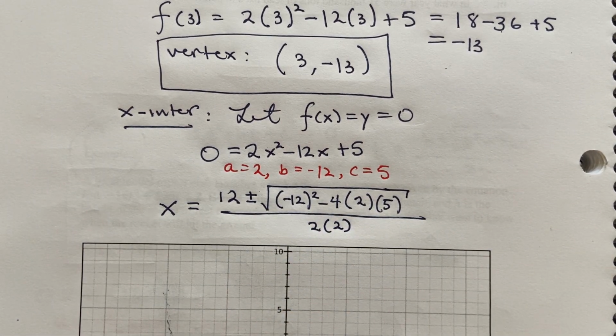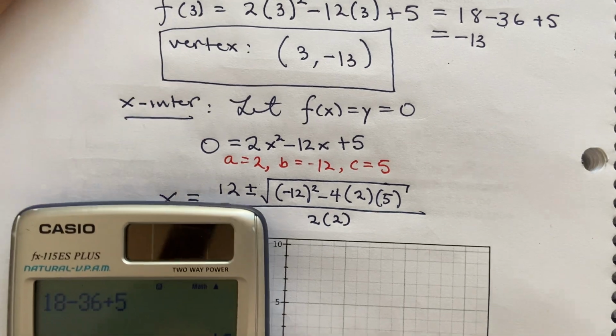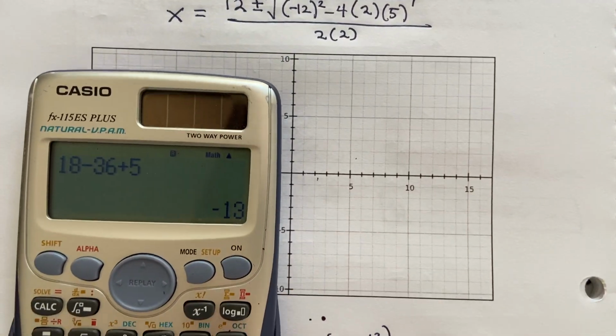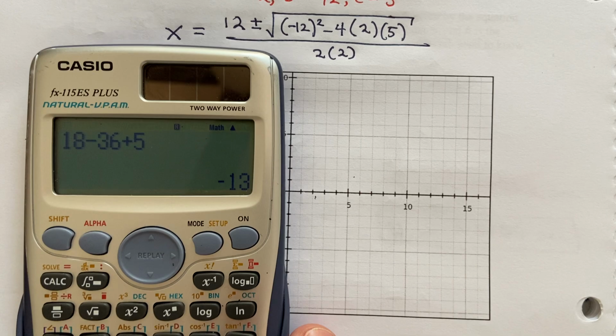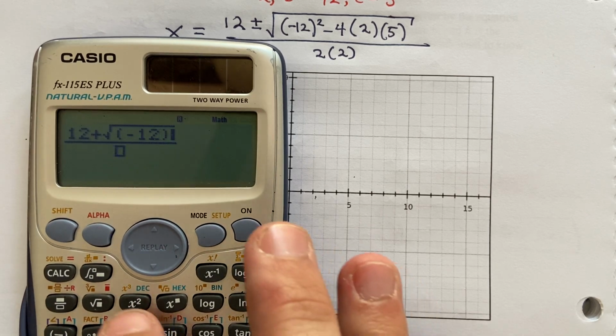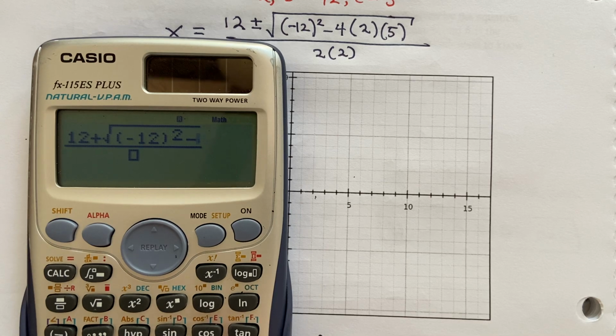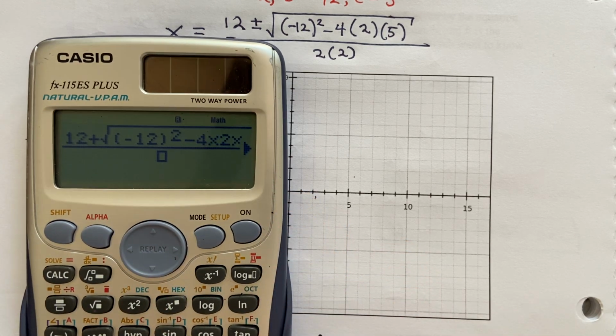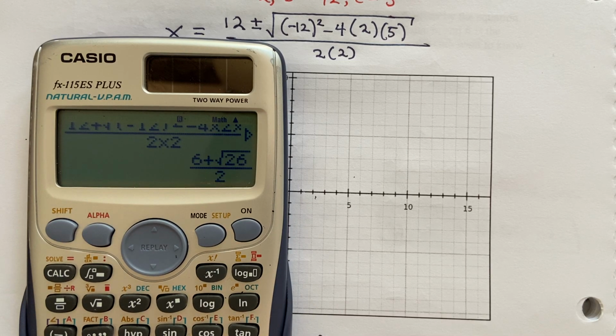So I'll type this in. Fraction first. 12 plus square root negative 12 squared minus 4 times 2 times 5 over 2 times 2. So I get this strange number.